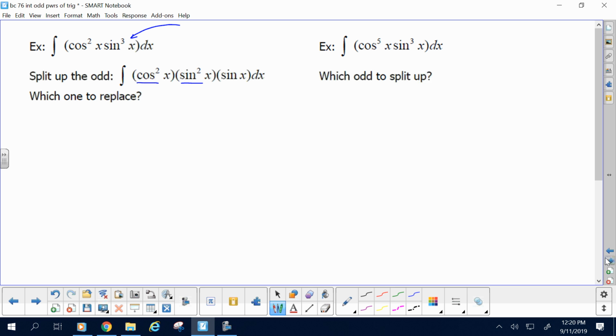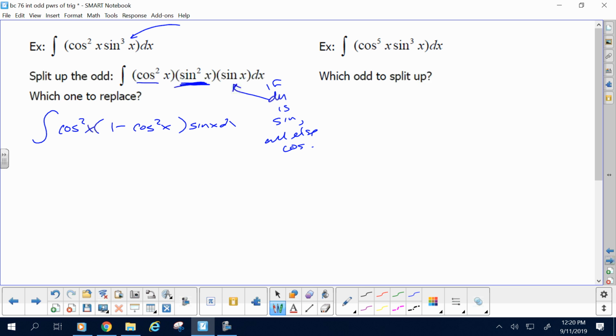Cosine. So everything needs to be cosine. This is your du. If your du is sine, then all else needs to be cosine. So as far as what you replace, you want to make everything cosine-ish besides the du. So cosine squared stays. Sine squared gets replaced by 1 minus cosine squared. And then the sine is going to be your du in a minute.